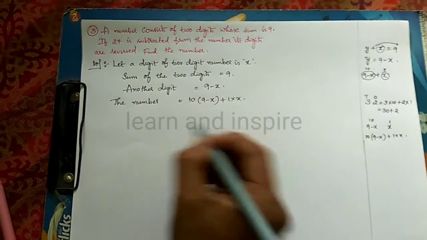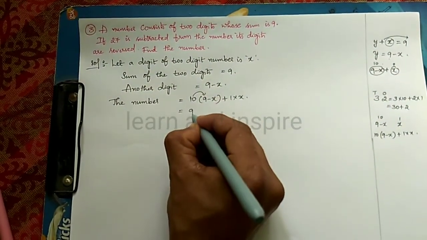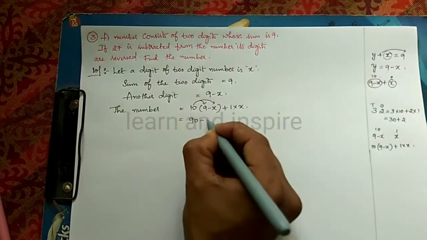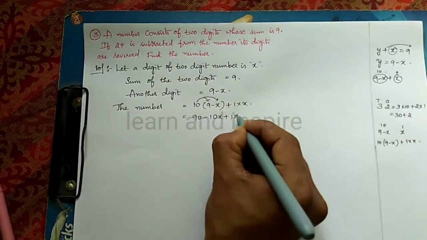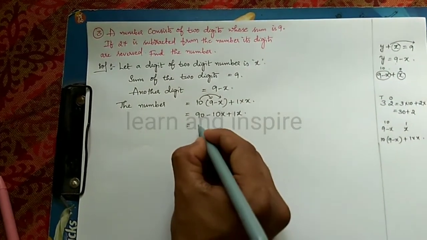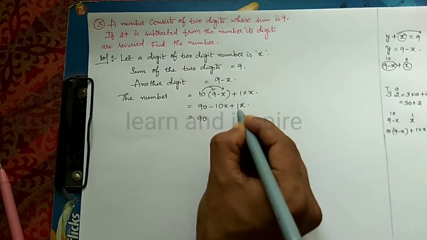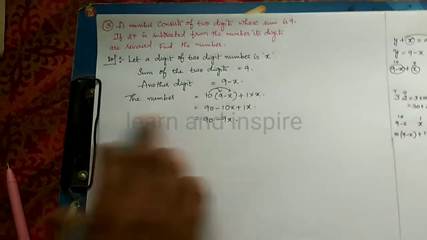Now we can expand this by multiplying. 10 into 9 is 90, minus 10 into x is 10x, plus 1x. Write 90 as it is, minus 10x plus 1x. Minus 10 plus 1 is nothing but minus 9x. So this is the number.